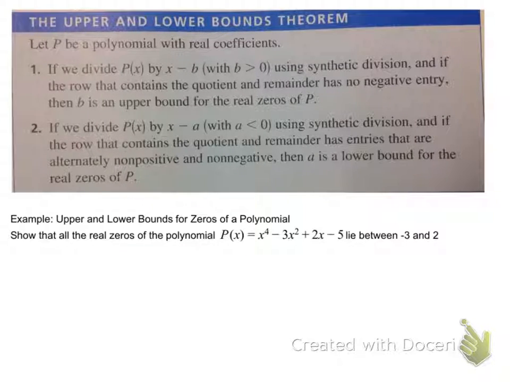Likewise, guys, this one's a little bit different. If you are trying to divide out using synthetic division a negative choice, where a is less than 0, and the row contains the quotient remainder entries that are alternately non-positive and non-negative, so they go positive, negative, or negative, positive, that means that you just found a lower bound.